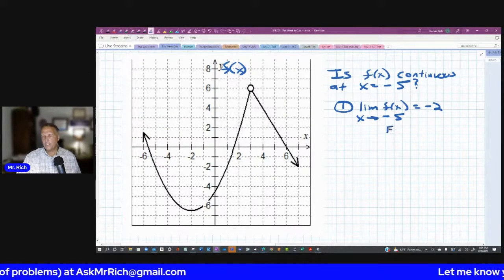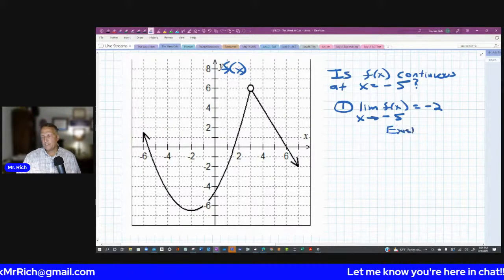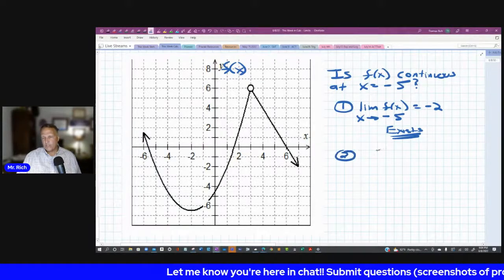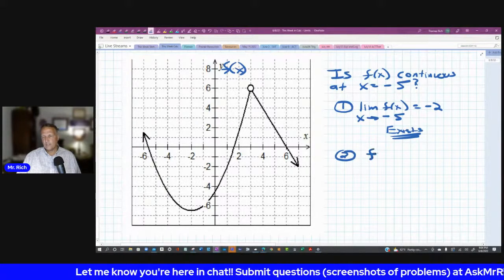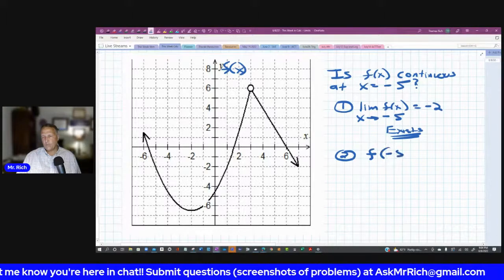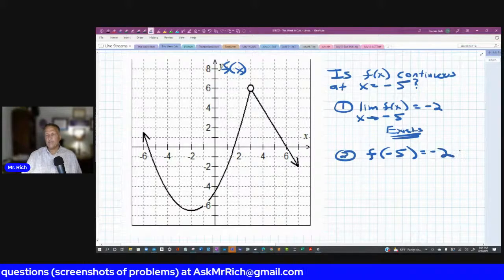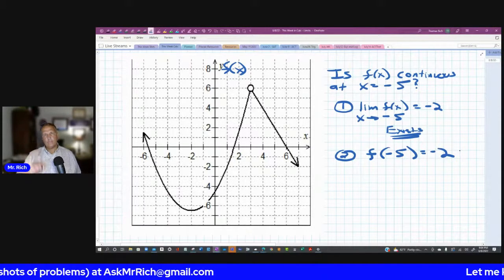So the limit does exist. All right, number two, does the function exist? What is f of -5? It's equal to -2. So I passed part two.